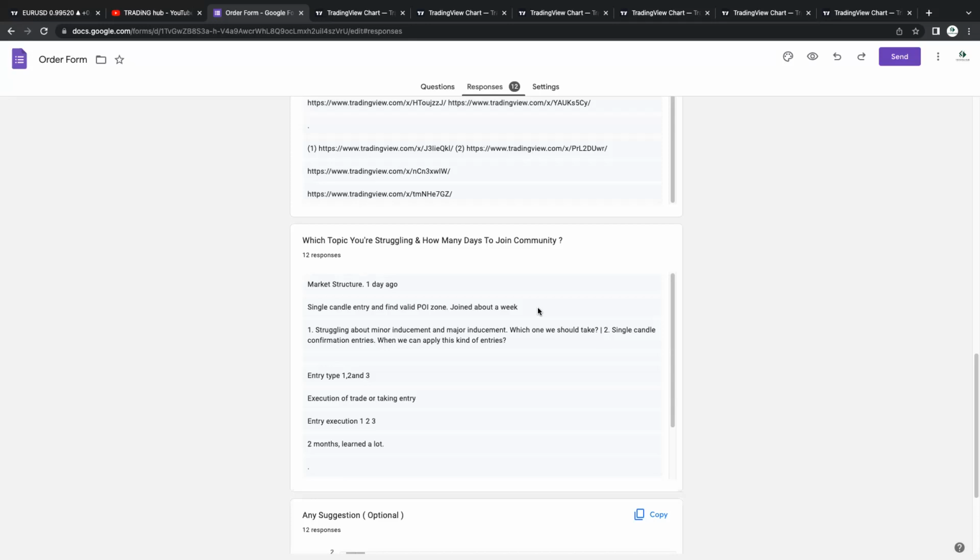Execution of trade or taking entry, struggling. So start from a smaller quantity, and if you are just starting or joined recently, then you can apply it on a demo account also. Once you are able to take entries on the demo account, then start on the live account with a smaller position.